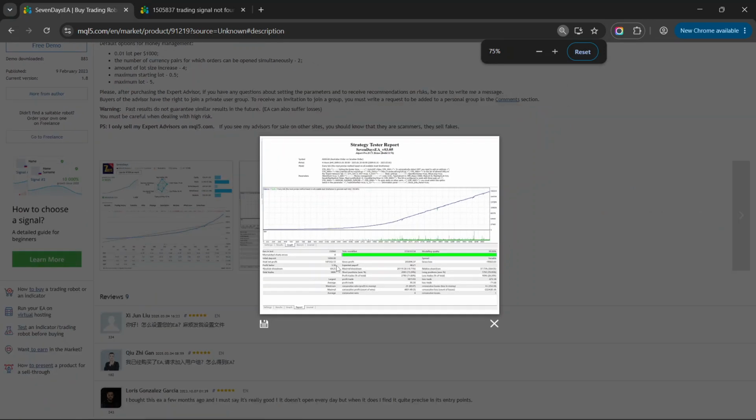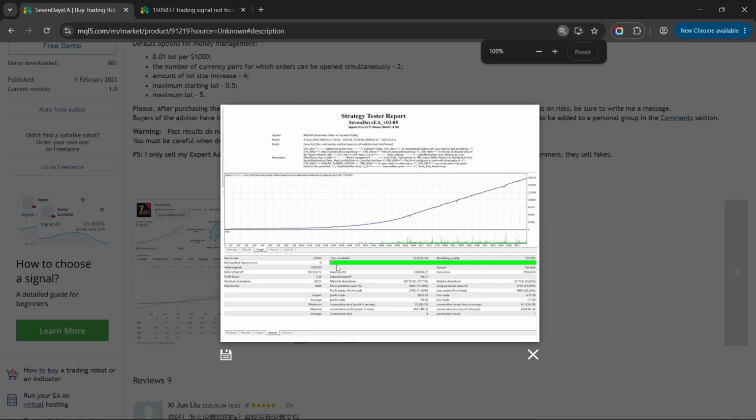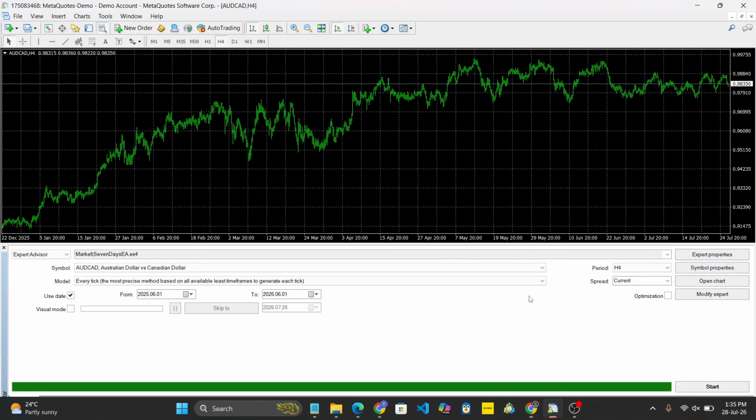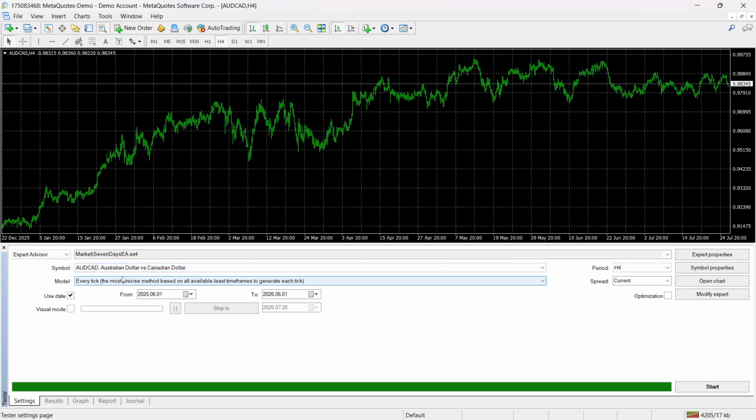Now let's compare this to what I actually got on my backtest results on MT4. As you can see here, Australian Canadian dollar with a 1-year historical backtest, every tick just as they claim, on the H4 period.